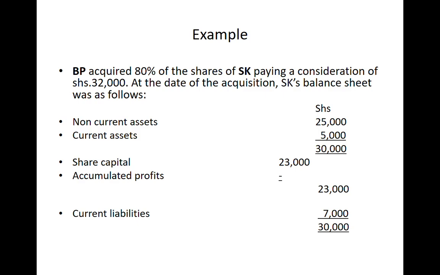So we see share capital 23,000, accumulated profit none. So that means that capital is the only one available. Then when you assess the liabilities, they were 7,000, so the total is 30,000. That's the position of SK at the time of acquisition.